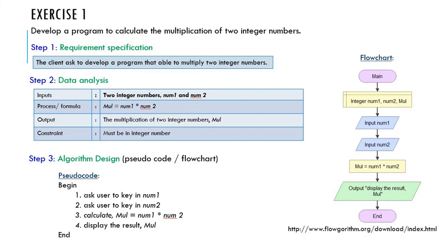Otherwise you can also use the symbols or the drawing tools inside your PowerPoint or your Word. You just drag the symbol. For example this one, you can just drag. You go to home and you find the shape format and then you just choose and drag the symbol.